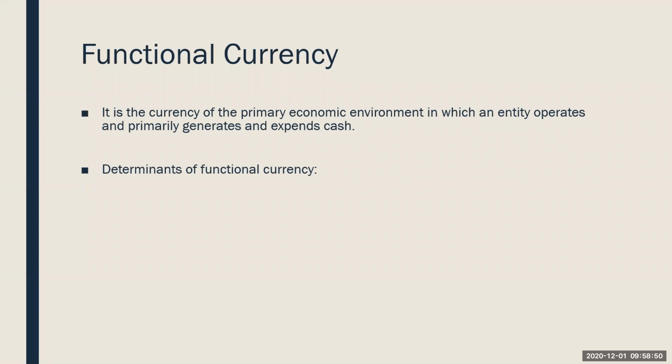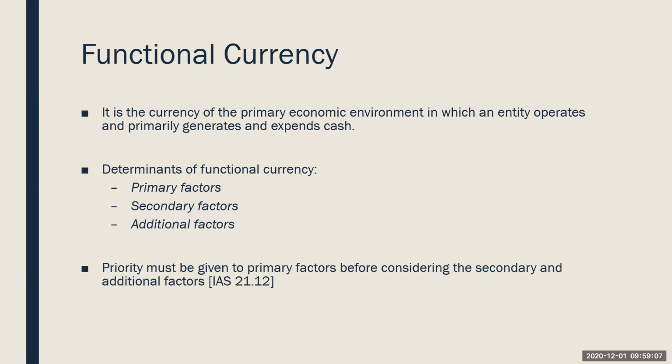In order to determine what the functional currency ought to be, we need to look at primary factors, secondary factors, and additional factors. These are described in IAS 21. Priority has to be given to primary factors before considering any secondary and additional factors, and that's as per paragraph 12 of IAS 21.